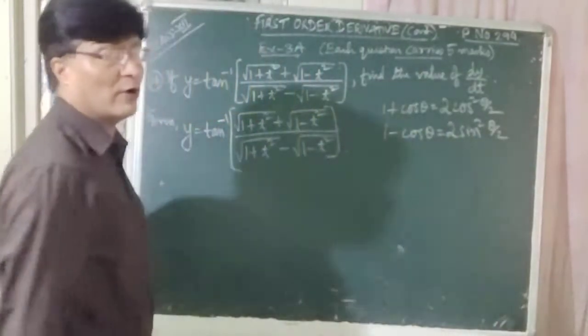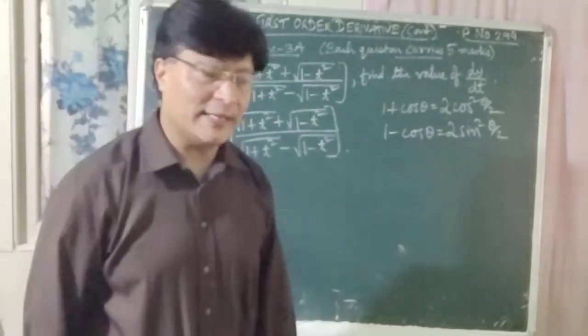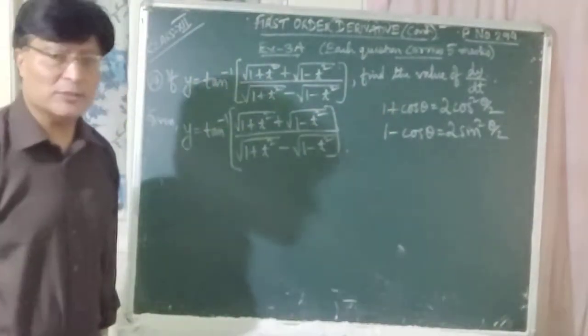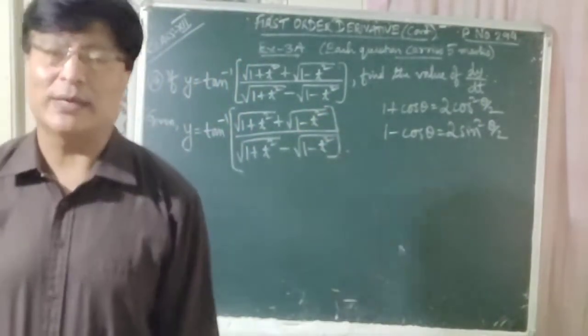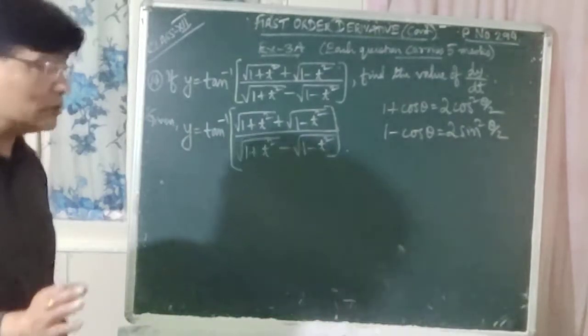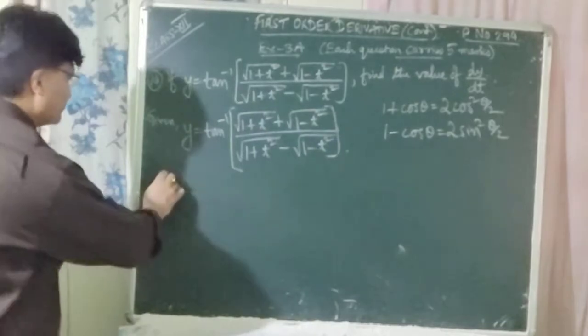We have done it in class 11, that is in submultiple angle, right? So 1 plus cos theta is 2 cos square theta by 2, and 1 minus cos theta is 2 sin square theta by 2. Is that clear now?